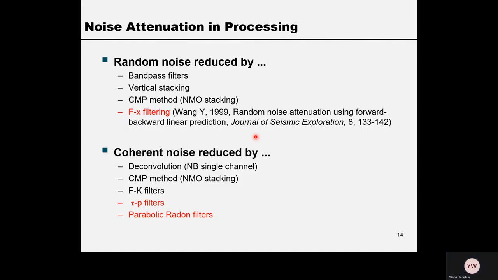For the CMP gather, we learned that after NMO stacking, for N traces, CMP stack will reduce the random noise energy to 1 over square root of N, so reduced by square root of N. N is the number of channels per CMP gather. So in order to effectively reduce the random noise, we should increase the number N from field acquisition. That means we try to generate redundant information for the noise attenuation.